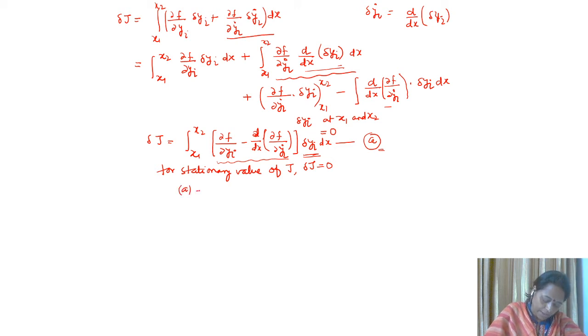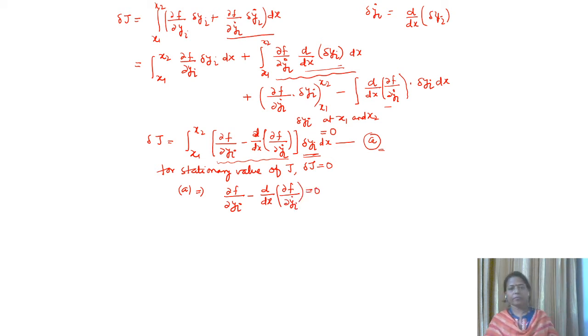Now A implies delta F by delta yi minus d/dx of delta F by delta yi dot is 0. Now what was in Hamilton's principle? If you compare your J with Hamilton's principle, so what will happen?